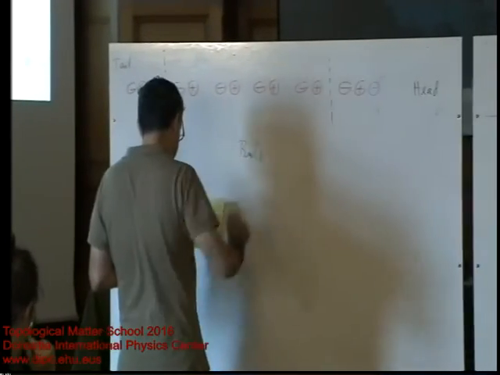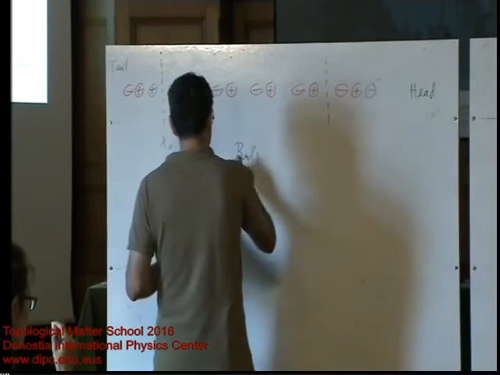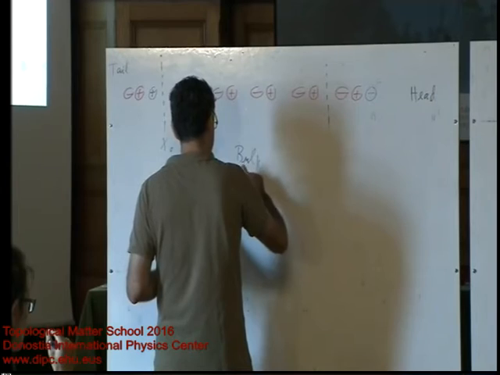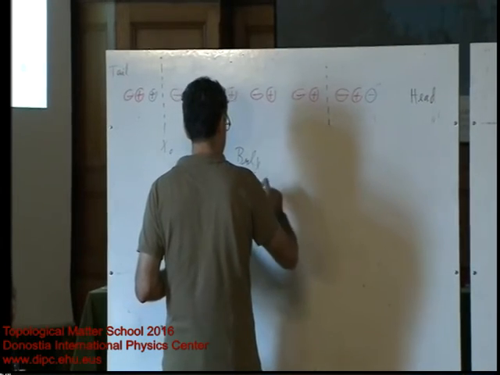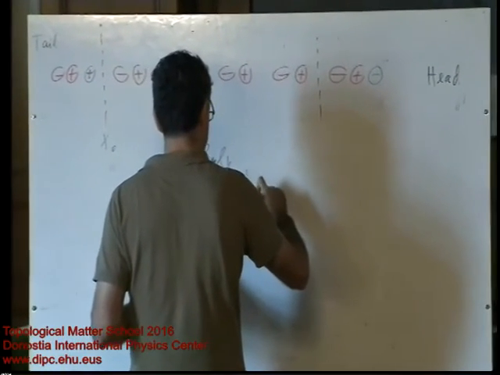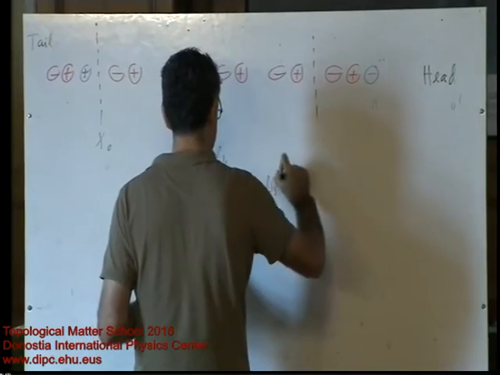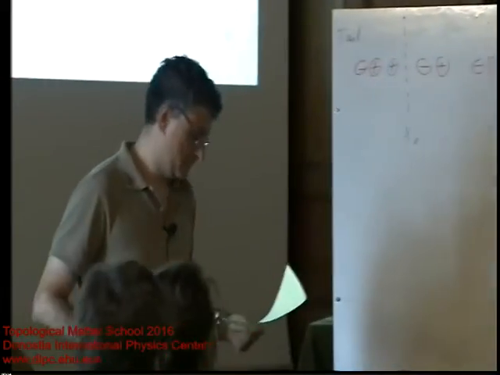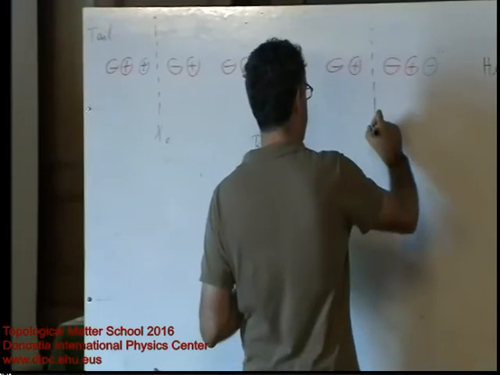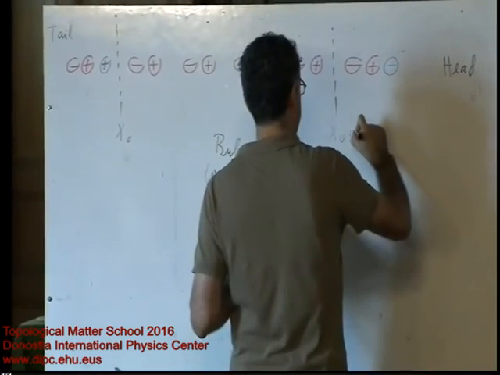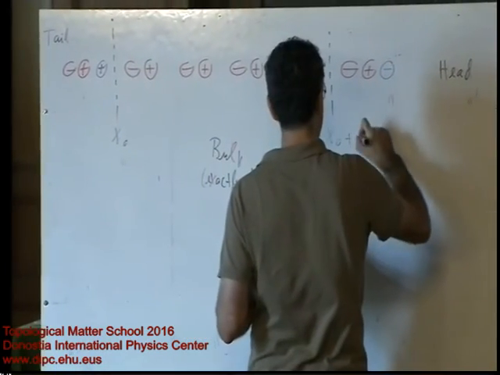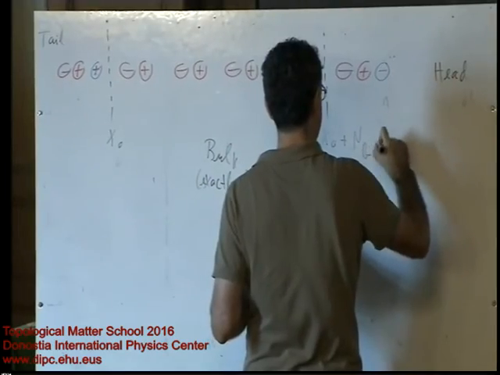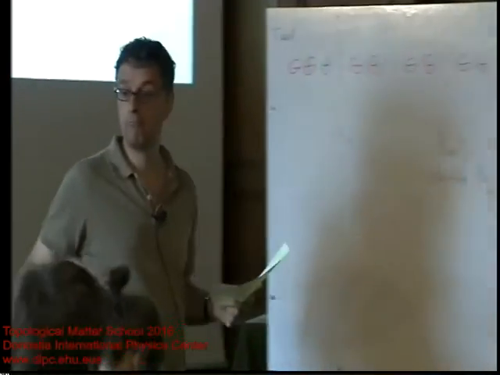So the length of this bulk region contains exactly an integer number of cells, which I will call NB. So that means that this second cut here is at x0 plus NB times the lattice constant A. Right?